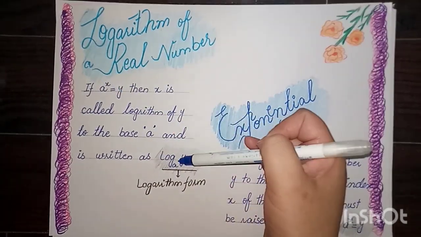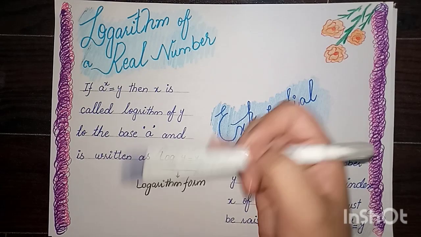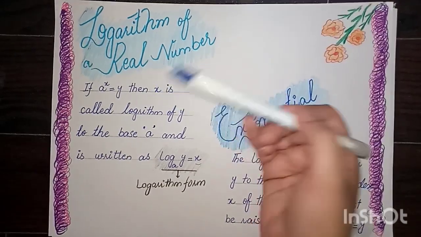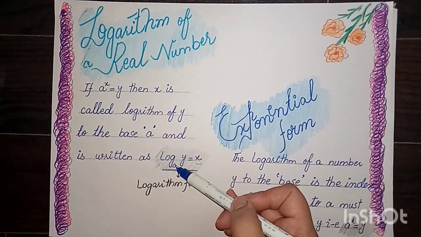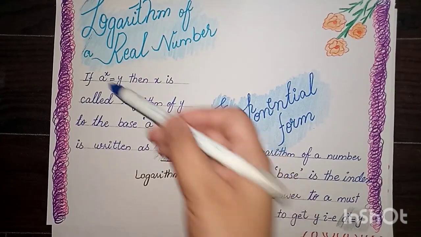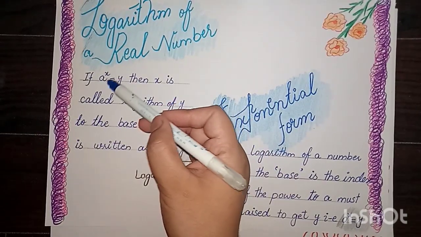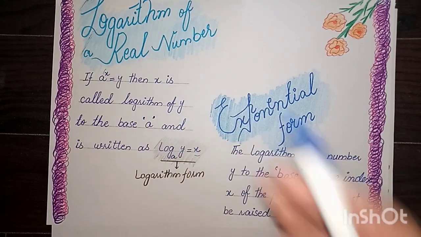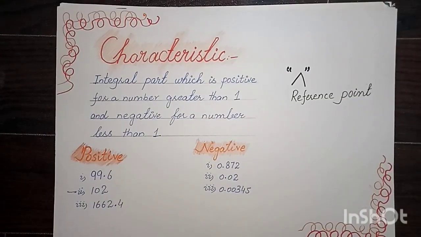Basically these two are the same, but the written manner is different. In logarithmic form we will write log, and in exponential form we will convert it into exponent form.